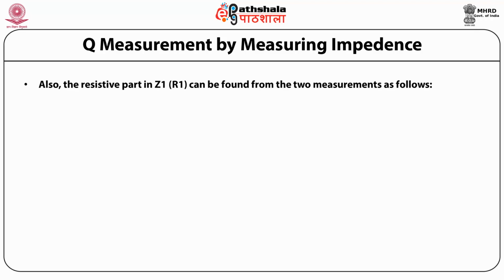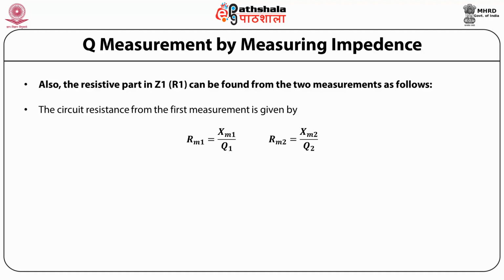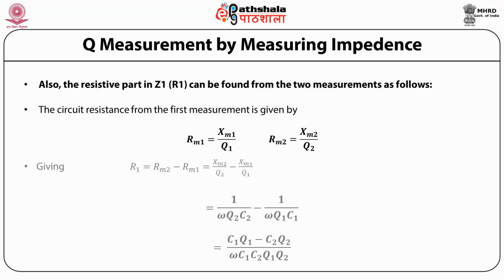Also, the resistive part in Z1, that is R1, can be found from the two measurements as follows. The circuit resistance for the first measurement is given by Rm1 is equal to Xm1 by Q1 and Rm2 is equal to Xm2 by Q2, giving us R1 is equal to Rm2 minus Rm1, which can be written as Xm2 by Q2 minus Xm1 by Q1.